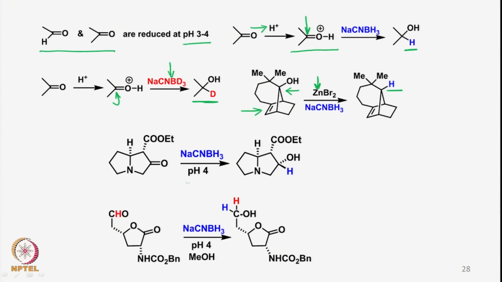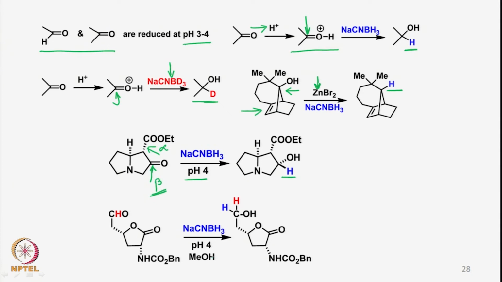Even here in this case, we can see that this carbonyl group is reduced to the corresponding alcohol, and at pH 4 the reduction allows the approach of the hydrogen coming from the beta side because of the ester group which is alpha oriented. So, you have a beta hydrogen coming to the carbonyl carbon.